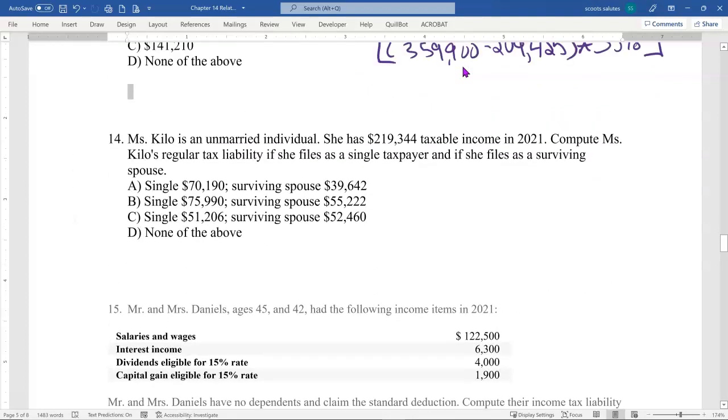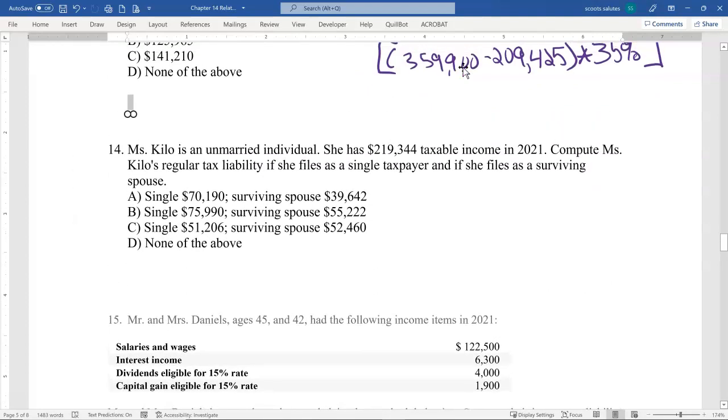Okay, so I'll get you started here on number 14. Number 14, Mrs. Kilo is an unmarried individual. She has $219,344 of taxable income in 2021. Compute Mrs. Kilo's regular tax liability if she files as single and if she files as a surviving spouse. So it's really going to give you practice seeing the difference between the two.